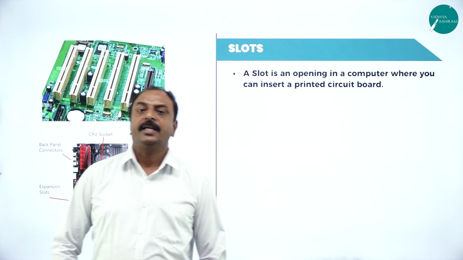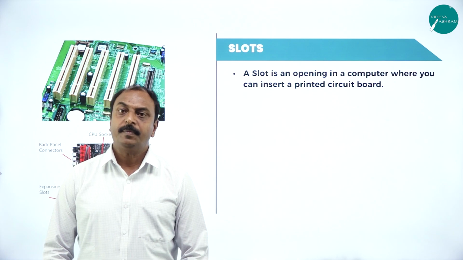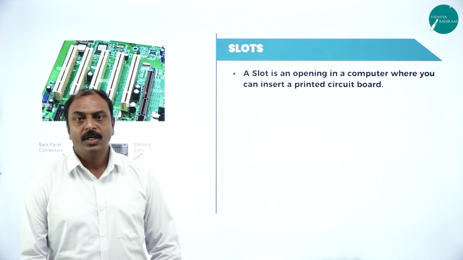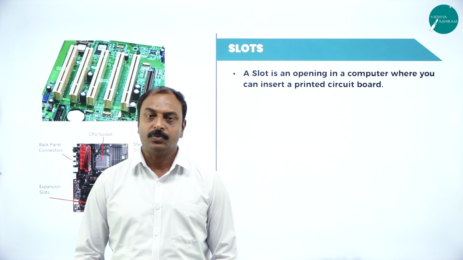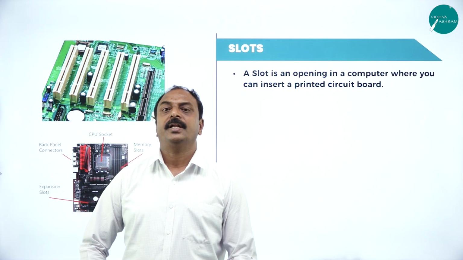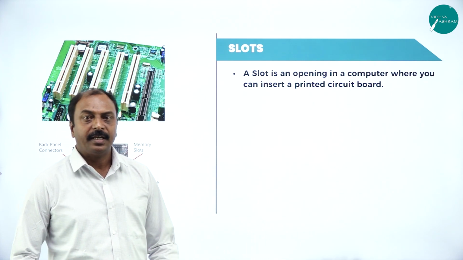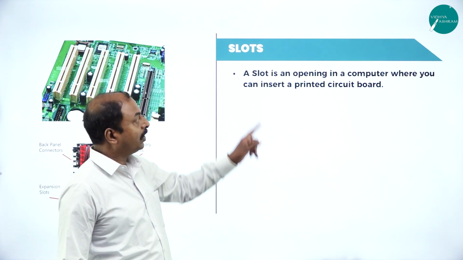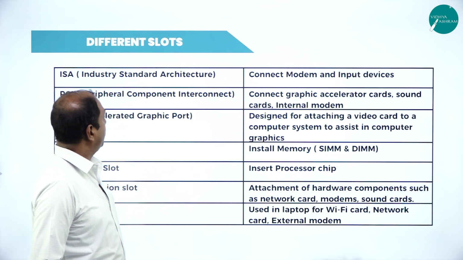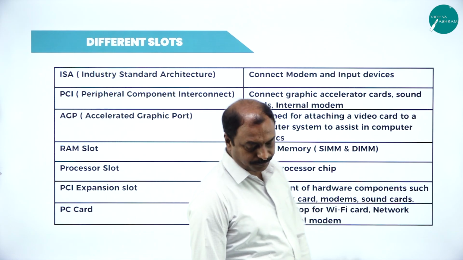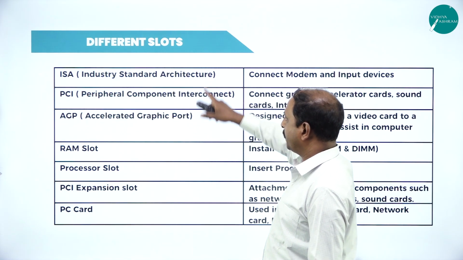Generally, a slot is nothing but an opening where we connect different PCBs or different hardware, so that it increases the performance of your CPU or computer, or we can increase the capabilities of the computer system by connecting external devices through slots. Now let us see different types of slots. One of the slots is ISA, industry standard architecture.